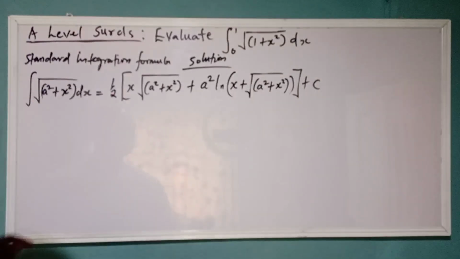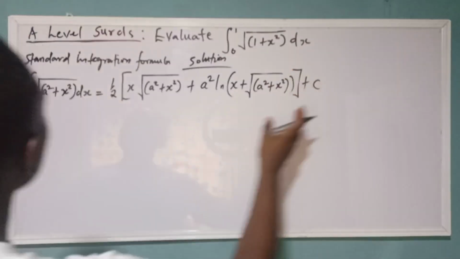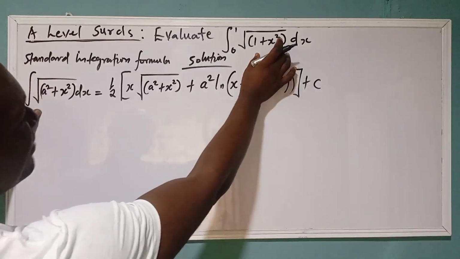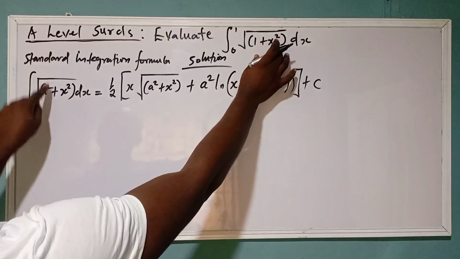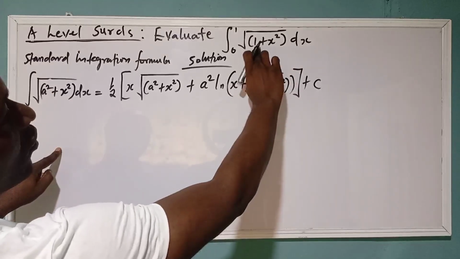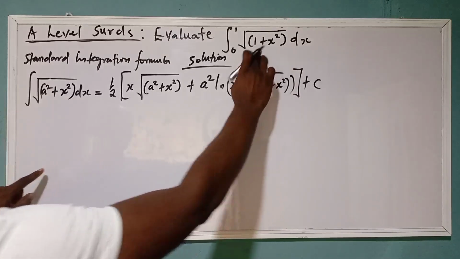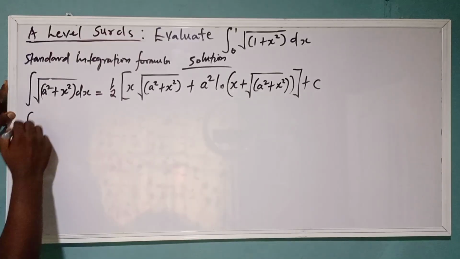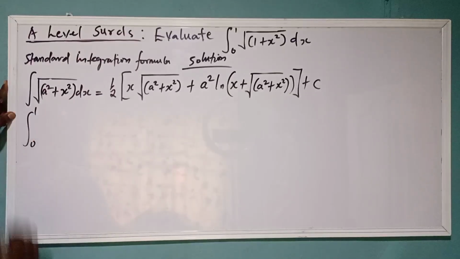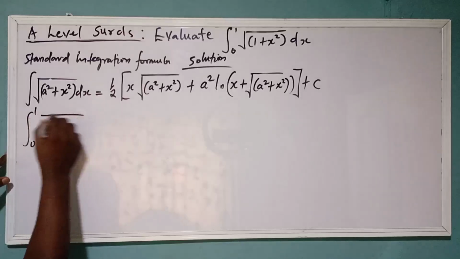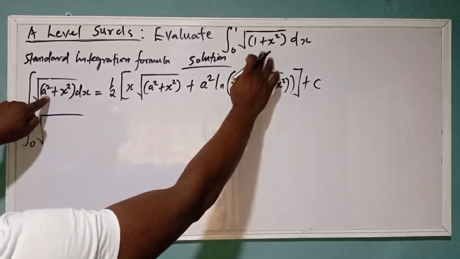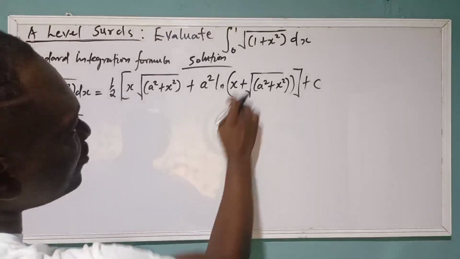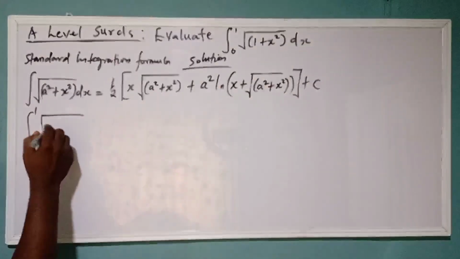So what we are expected to do now is to substitute. If you relate this standard integration with this, you observe that a squared now represents 1, right? So if a squared is 1, let's substitute it into this value now. So we have integral of square root of, instead of a squared, we'll put 1. So anywhere we see a squared, we'll just represent it with 1 there. So it will look like this.